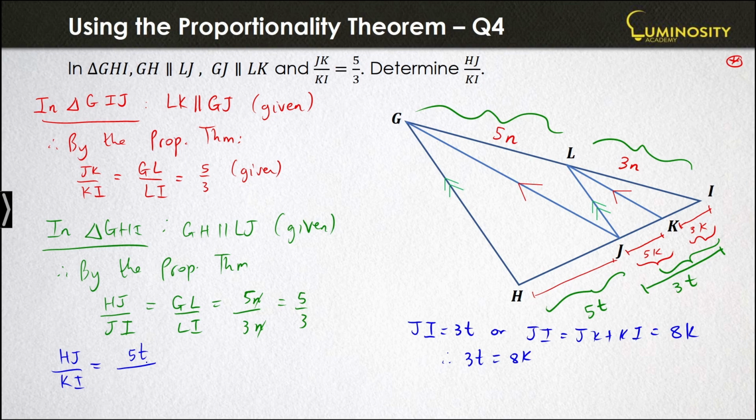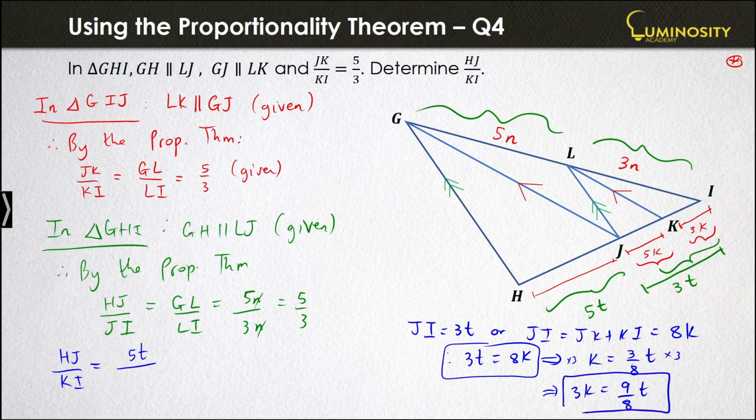So first of all, I'm going to use this equation and solve for k. I can divide both sides by 8 and I get k equals 3/8 times t. So KI being 3k, that means if I multiply this left by 3, I must multiply this right by 3. So I get 3k equals 3 times 3 is 9 over 8t.